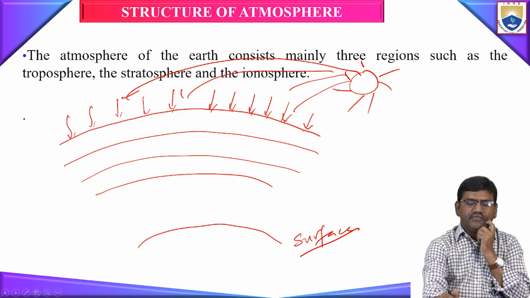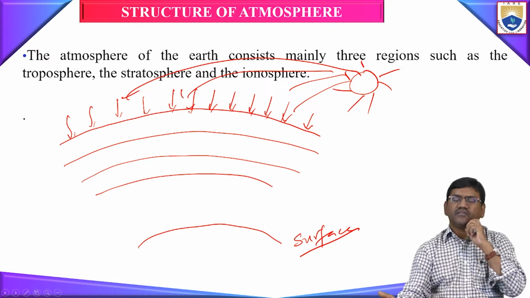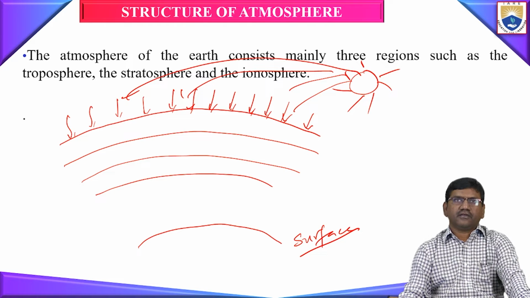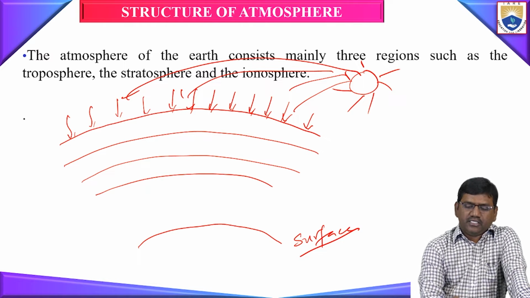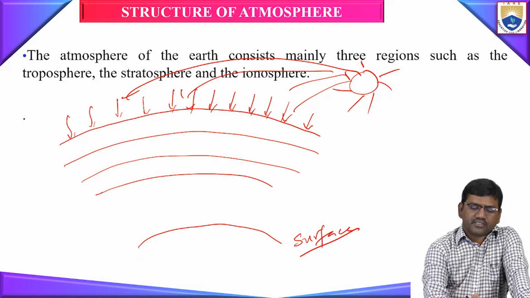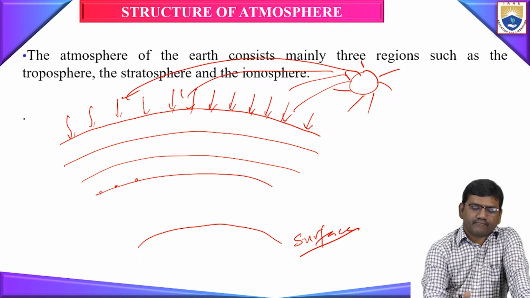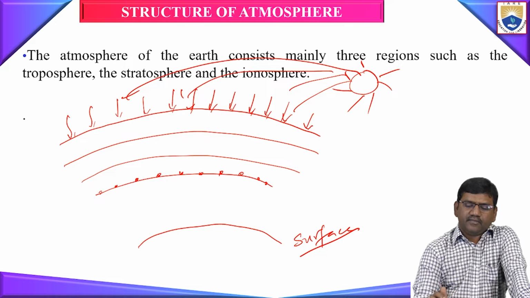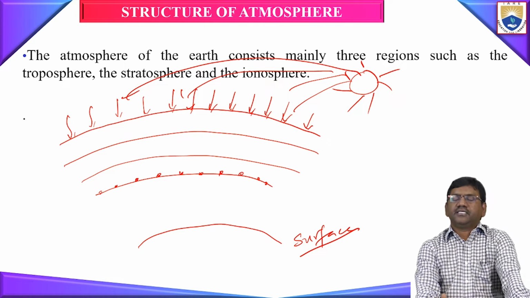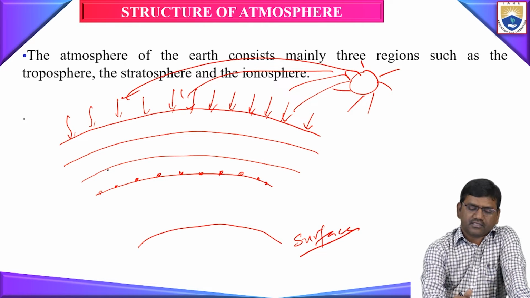You can see in the figure that a larger number of cosmic rays are falling on the topmost layer. In the lowest layer there are more atoms, and in the second layer the density of atoms will be less.